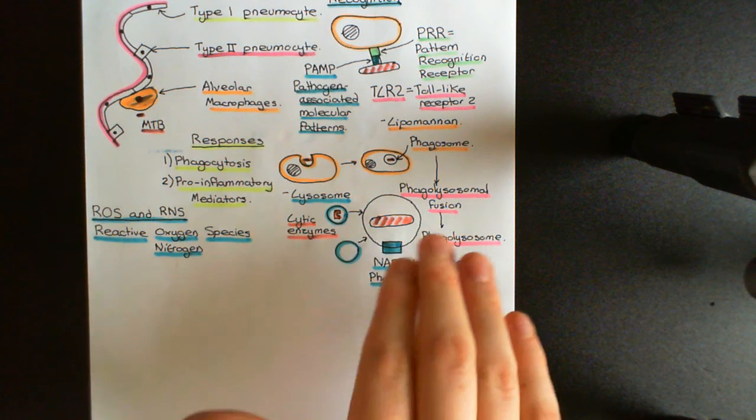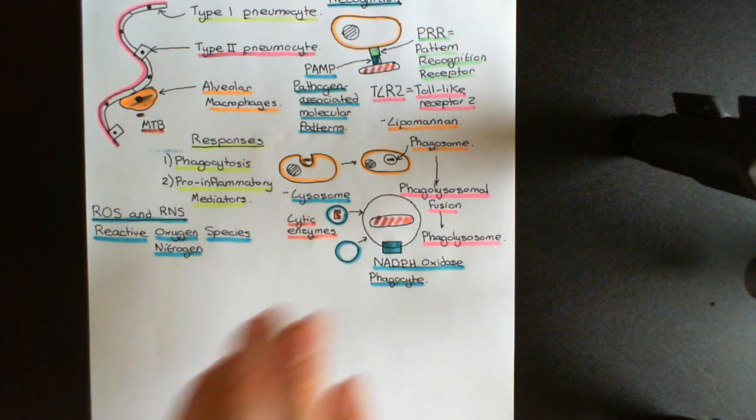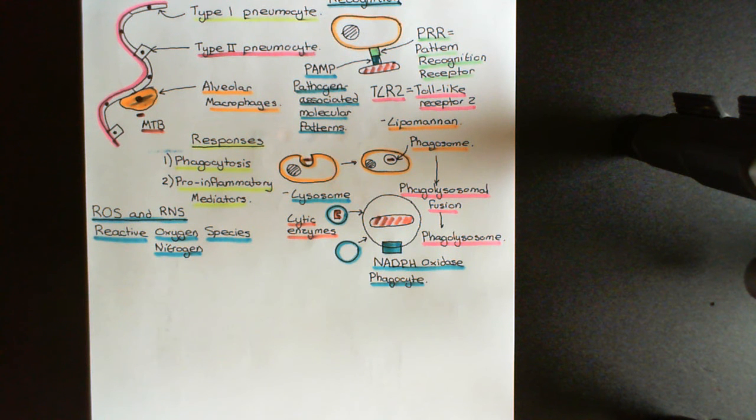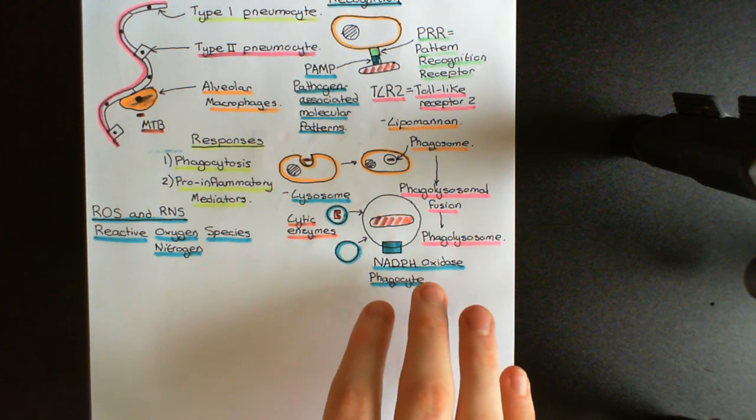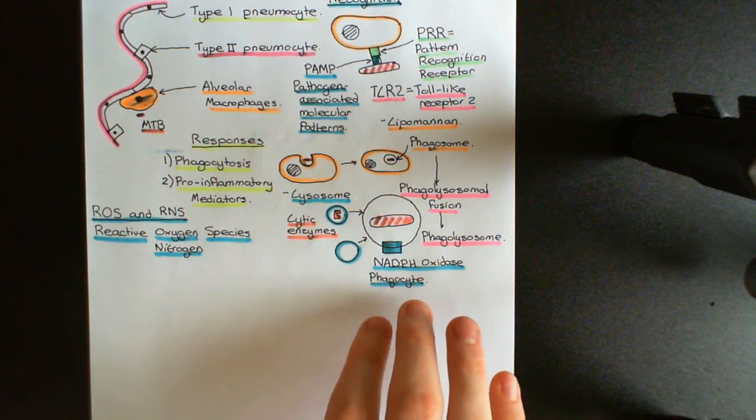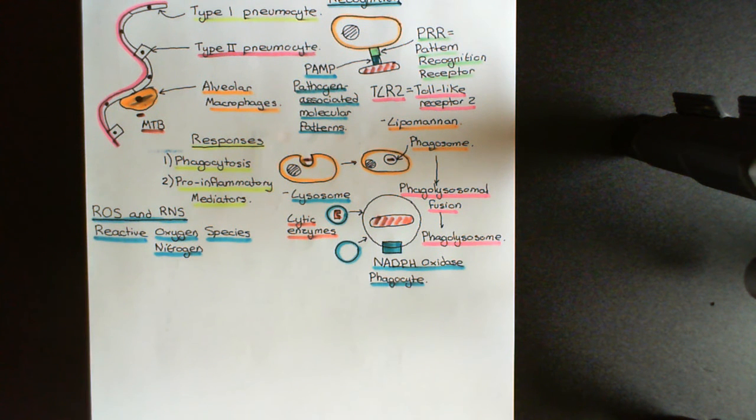What you can now do as part of the killing mechanism for phagocytosis is use these proteins along with other proteins from the cytoplasm to build a full NADPH oxidase complex, which is also known as the phagocyte oxidase enzyme complex.